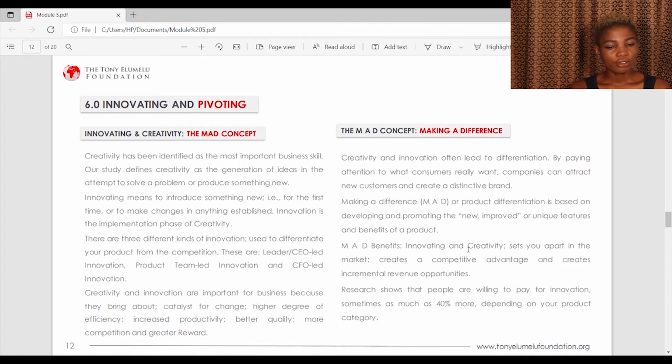Benefits: innovating and creativity sets you apart in the market, creates a competitive advantage, and creates incremental revenue opportunities. Research shows that people are willing to pay for innovation, sometimes as much as 40% more, depending on your product category.